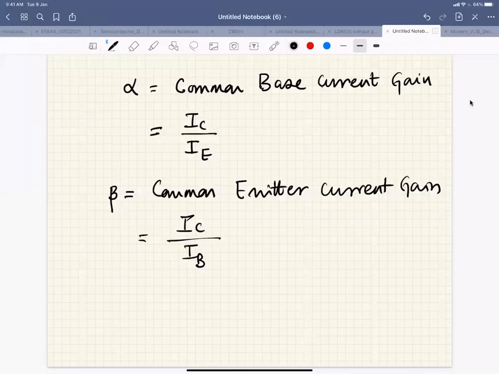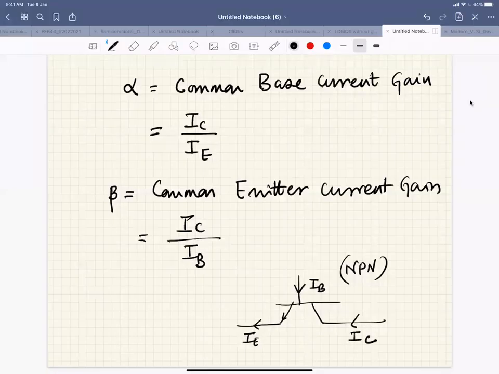As I told you yesterday, if you think of a bipolar junction transistor, let's say this is an NPN transistor, your base current is going in, your emitter current is going out, and your collector current is coming in.